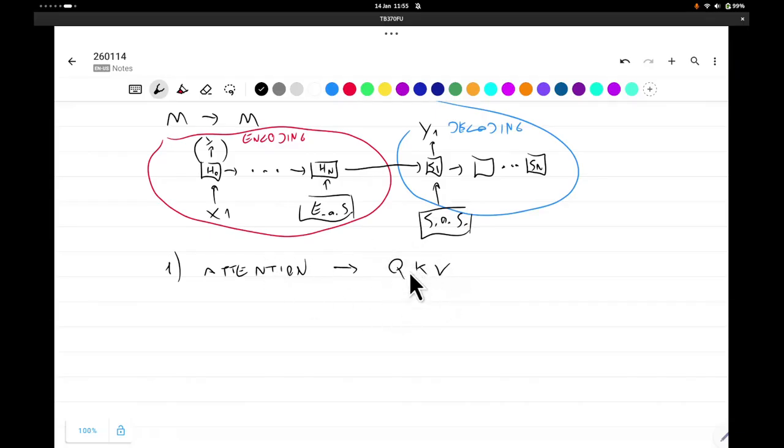These QKV operators are projections of the states of the network that give us some specific subset of information in the form of linear projection.